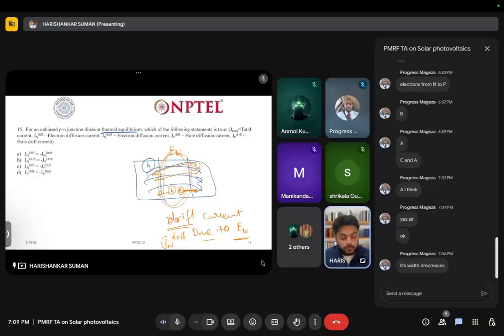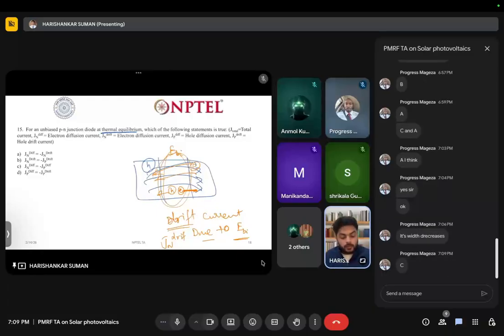So now please give me your response. Let diffusion current also balance, also drift current. Please think, multiple choice selections are possible here.